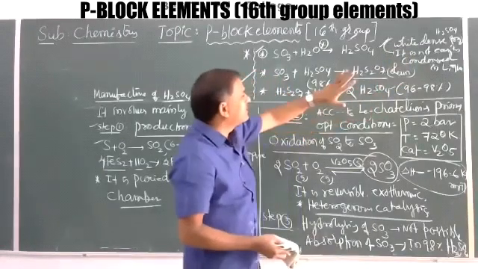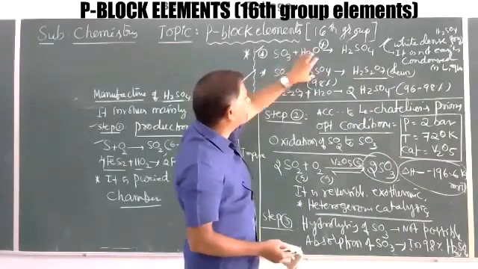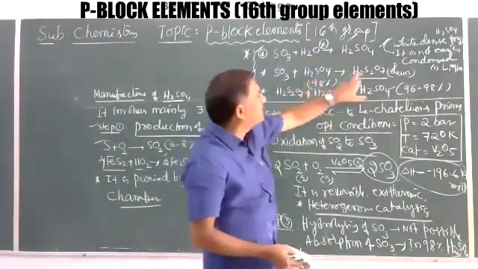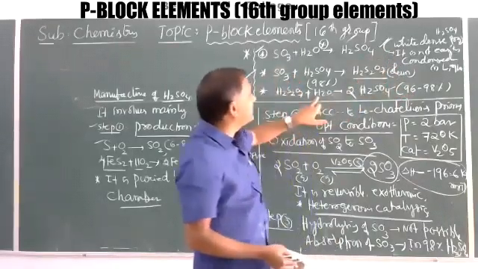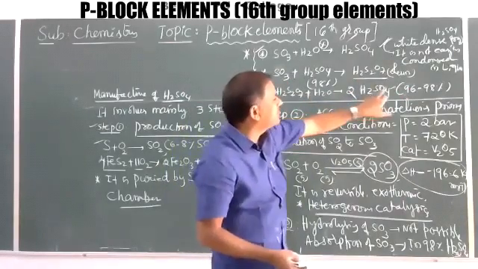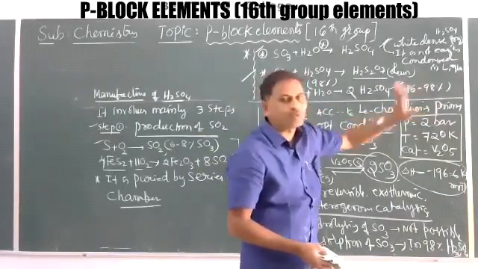That's why industrially the obtained sulfur trioxide is reacted with already prepared 98% sulfuric acid. It gives the corresponding oleum, fuming sulfuric acid, which is again diluted with water to give sulfuric acid of high concentration, 96 to 98%.